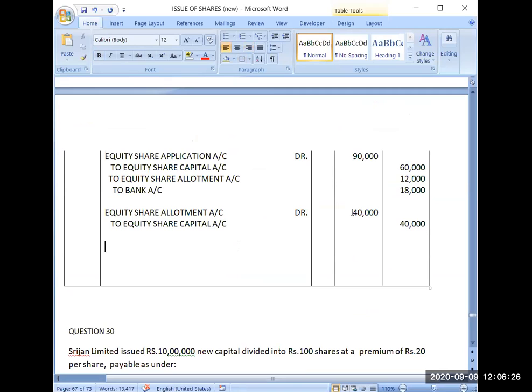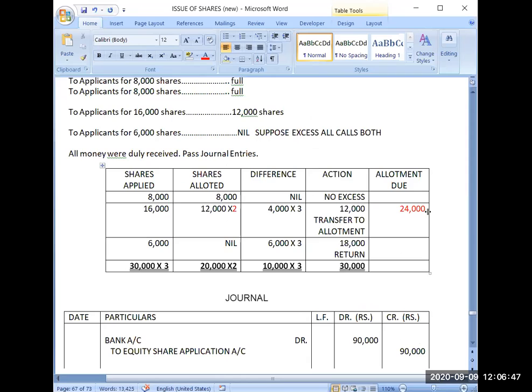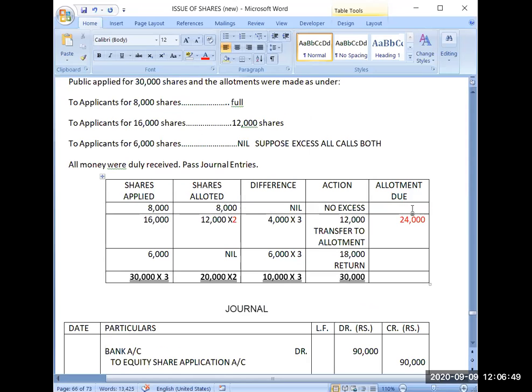Now I will receive the allotment amount. Bank account debit to equity share allotment account. Now see, I will show you one calculation. Please look at it carefully. 8,000 multiplied by 2.